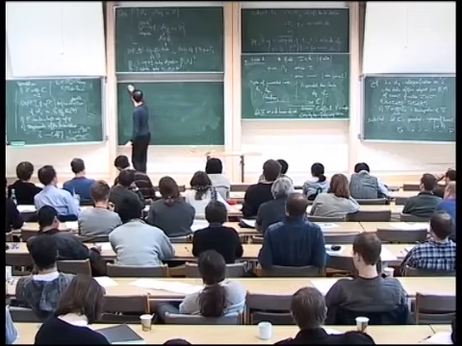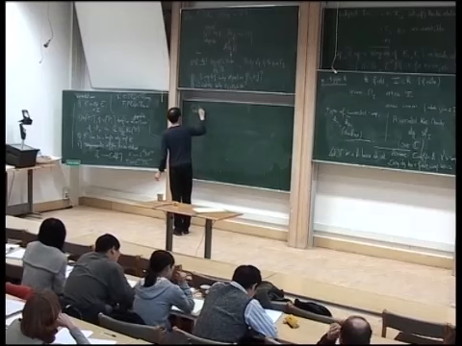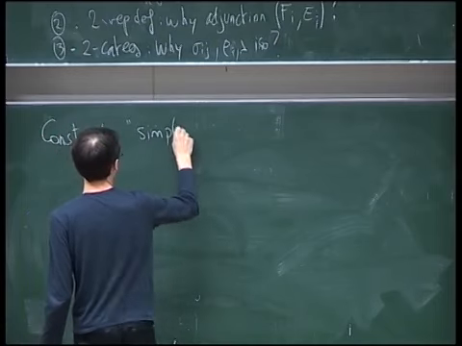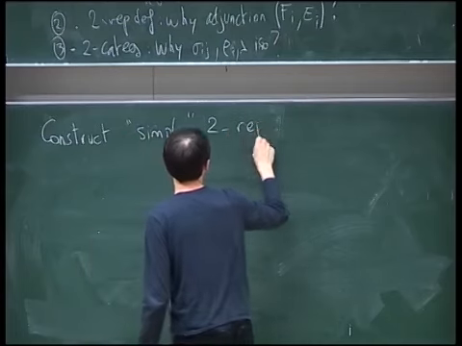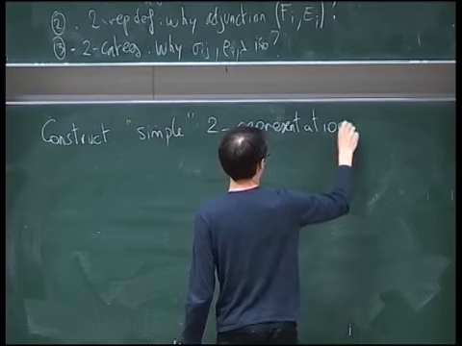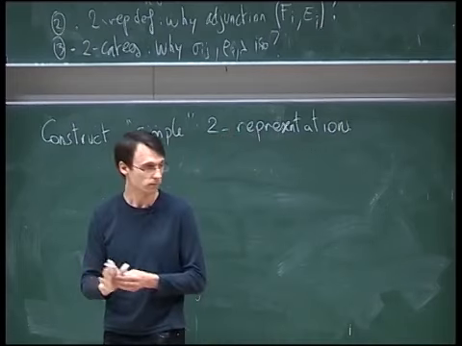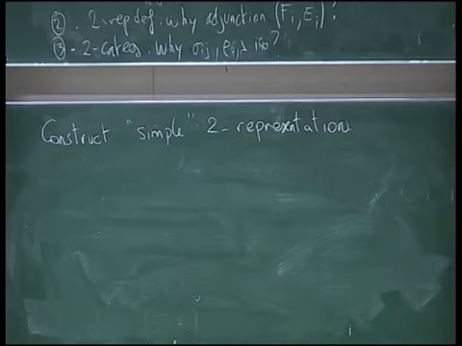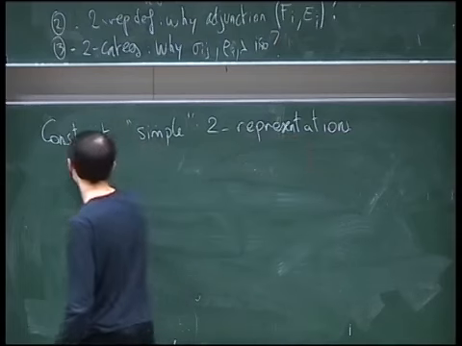So we want now to construct simple 2-representations. So you need to use dominant weights.